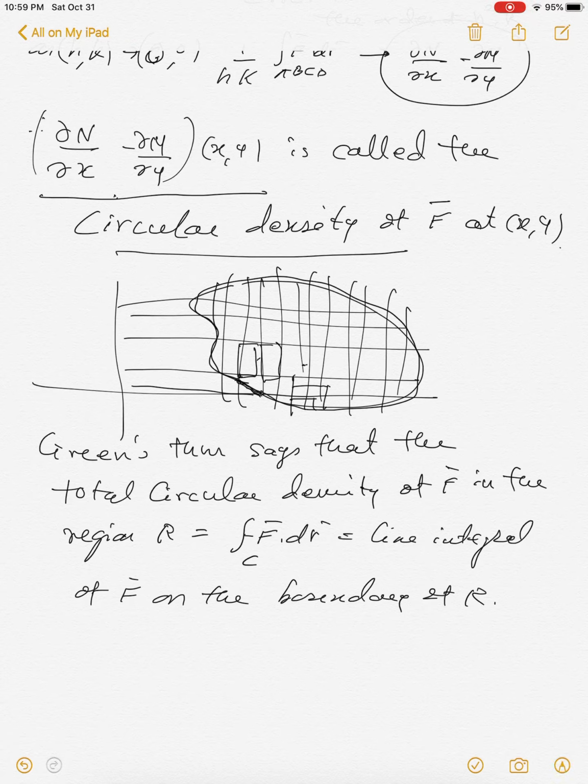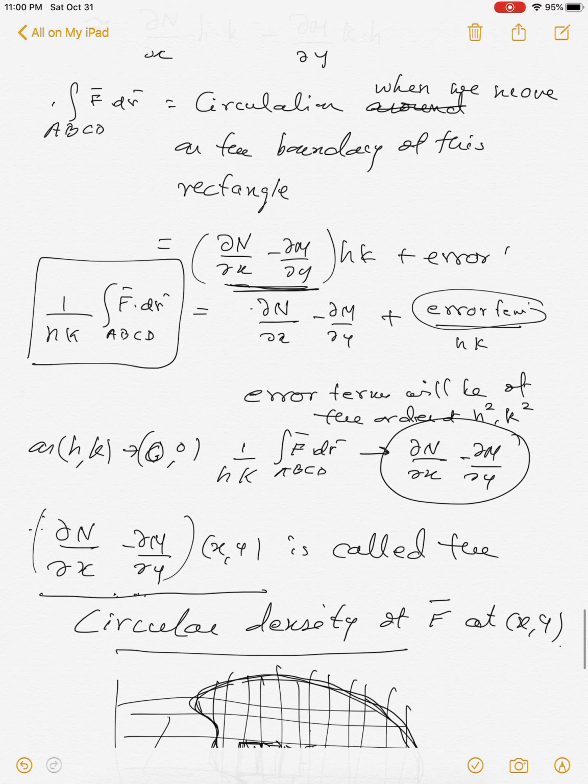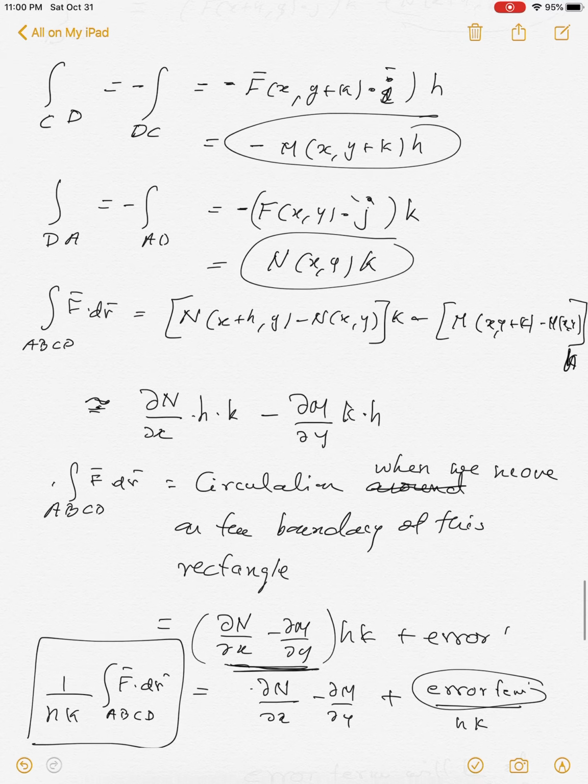For the other rectangles, if you calculate the double integral of the circular density, things will cancel and you will only get the integrals around the boundary. That is how the proof goes: there is a cancellation, which is equivalent to calculating the line integrals on each of these little squares. The total sum of that will be exactly the one on the boundary. So roughly that is the idea behind this proof.